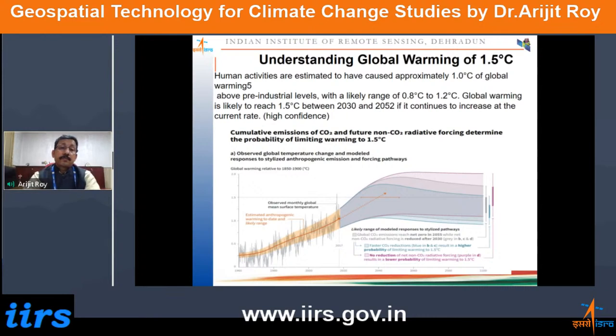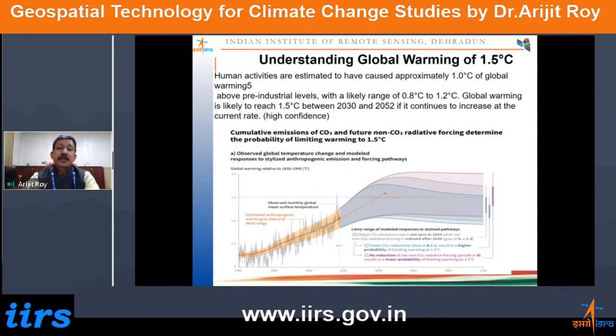So we are at a position that we can expect a net global warming of 1.5 degrees centigrade with the amount of pollution we have already pumped into the atmosphere. In 2015, human activities are estimated to have caused approximately 1 degree centigrade of global warming above the pre-industrial levels.